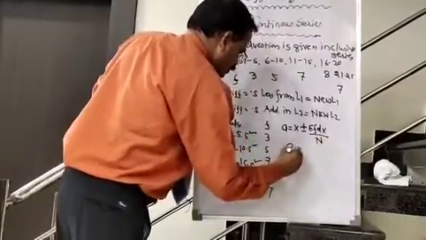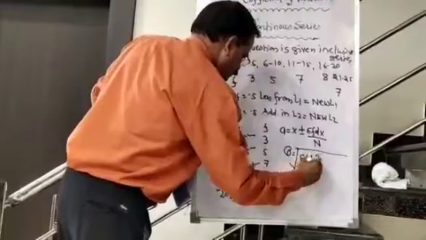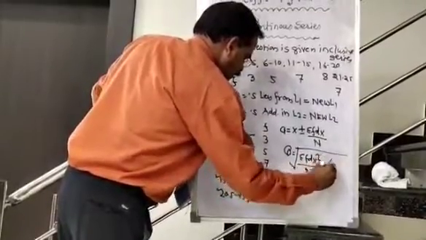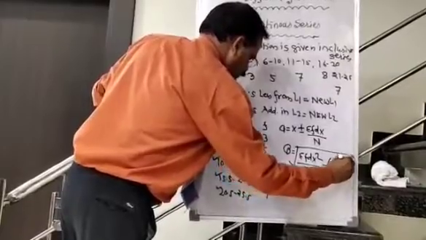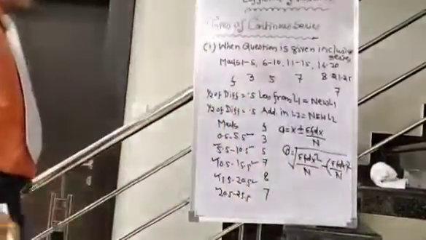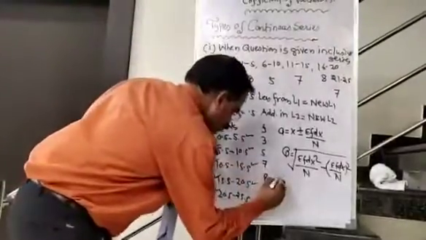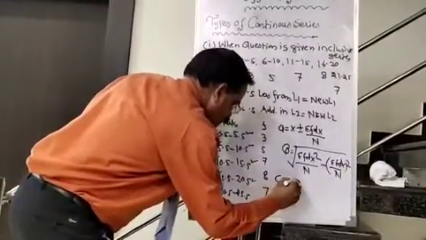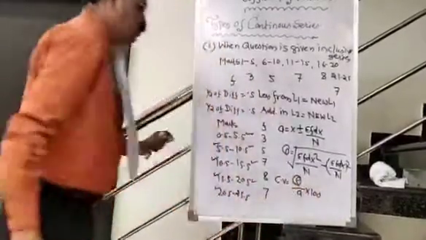After that, theta is equal to under root sigma f dx square upon n minus sigma f dx upon n whole square. For the calculation of mean and standard deviation, after that we should use CV. CV is equal to standard deviation upon A multiplied by 100. This formula we should use.